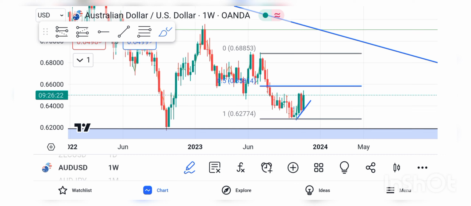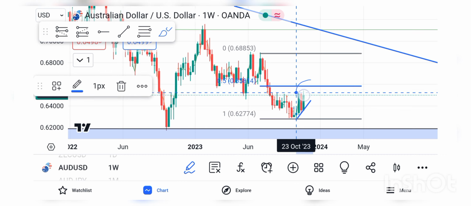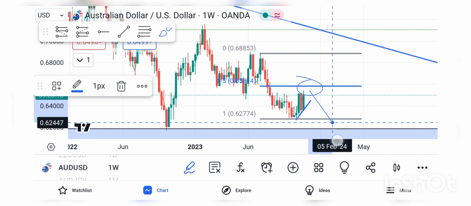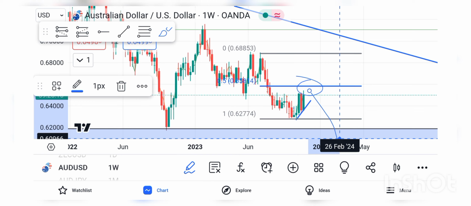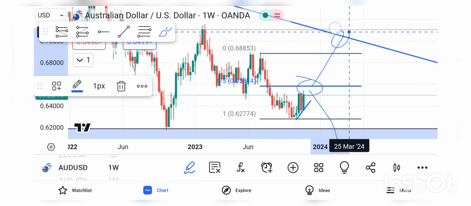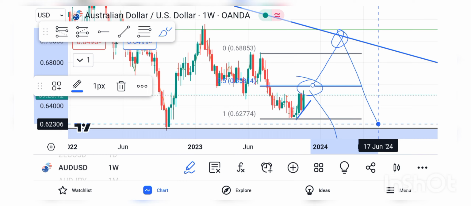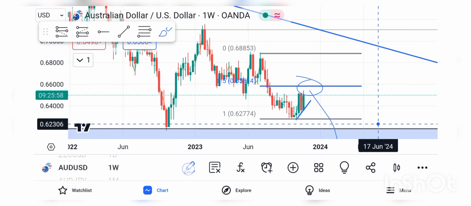We could come up to this area, hit it, and then reverse finally down, or we keep pushing up to this area, hit it, and reverse down. We'll just keep watching the chart and see how that plays out.